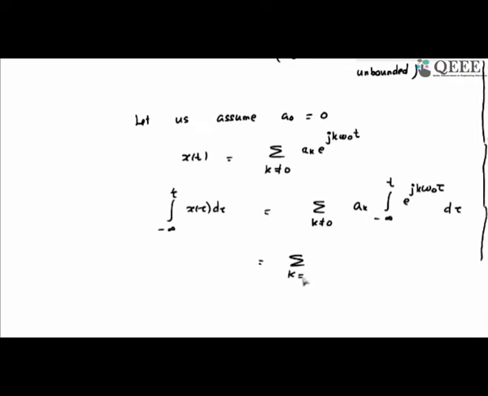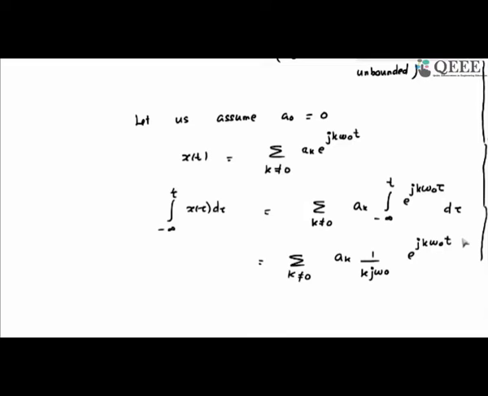since they are all periodic with respect to period T naught, I get a_k times 1 by j k omega naught times e to the power j k omega naught t. The integral over every period is 0. So you can do the integral from 0 to t instead of minus infinity to t.